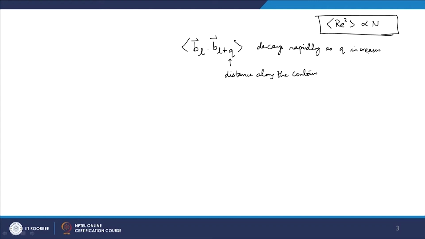Okay. So, in the first two models, the freely jointed chain and the one-dimensional random walk, except for Q equal to 0, this particular correlation was equal to 0.